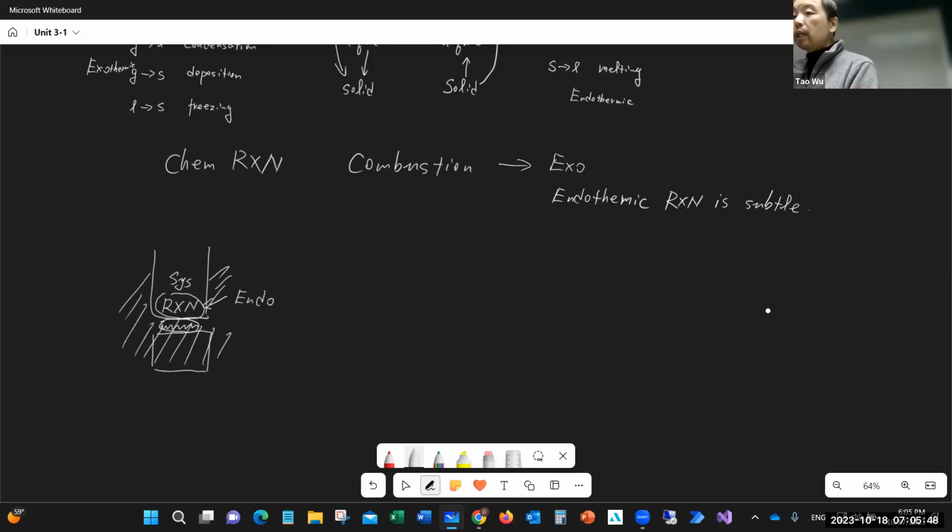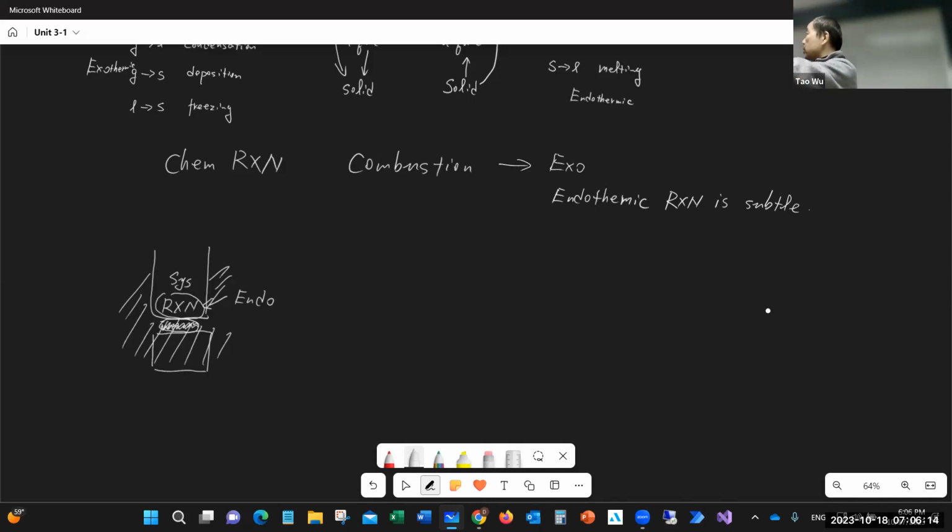When the surrounding loses heat, then what happens? The surrounding is going to decrease in temperature. The temperature will go down, and since we have water up there, when the temperature goes down the water becomes ice, and then they're going to glue together. So this is what happens for these reactions. So that's telling us this is endothermic.